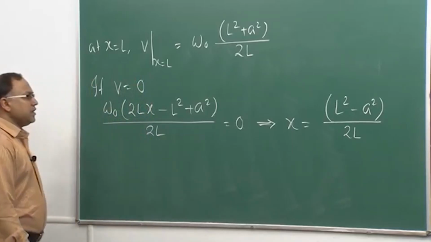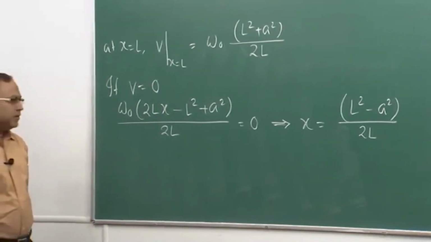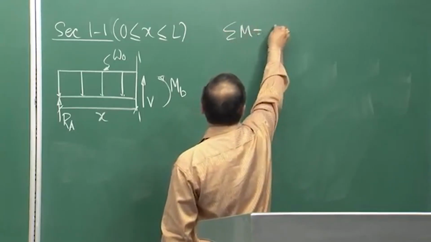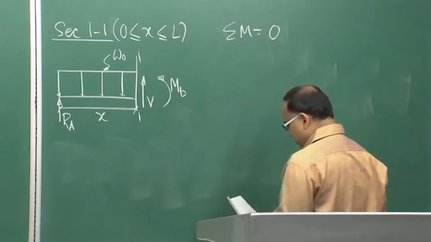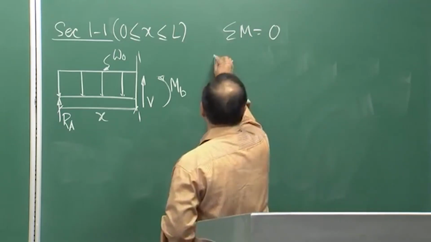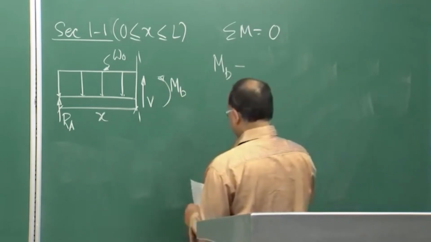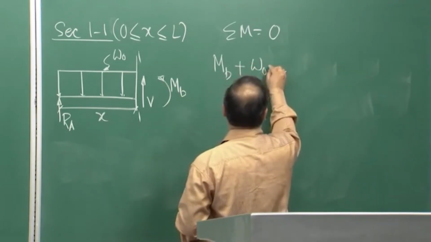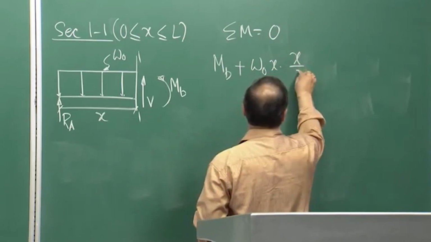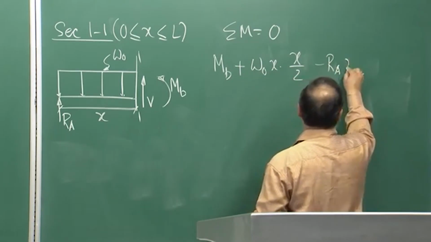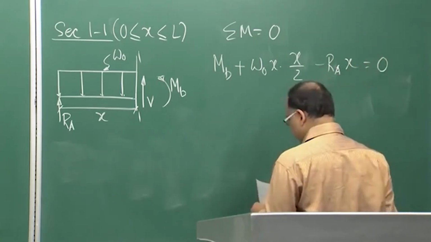Now, we will be considering the moment equilibrium. So, let us take the moment equilibrium equation, summation of M equal to 0. So, we can simply write M B plus W naught x into x by 2 minus R A into x equal to 0.